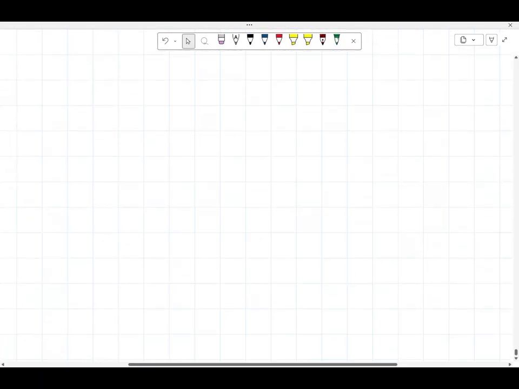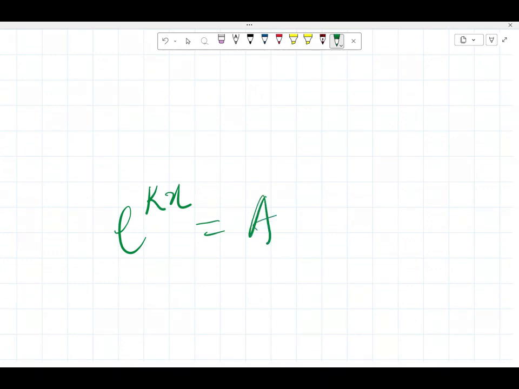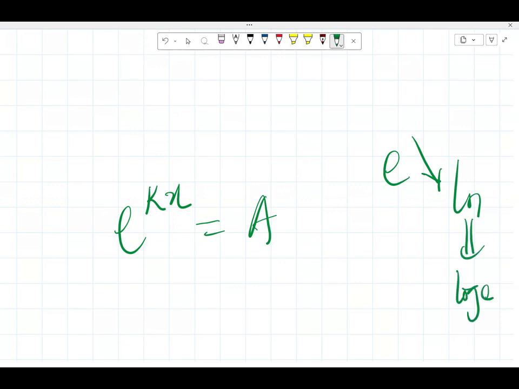Such that if we then have e raised power kx equals a, you need to understand that the inverse of e is ln, because ln itself is actually log to base e. So they are inverses, so they cancel themselves out.